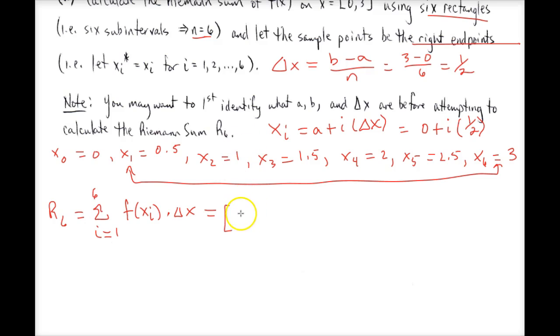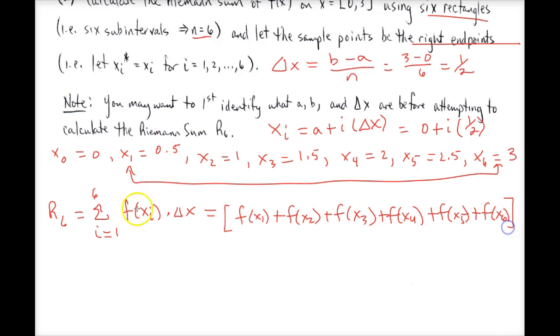So here we have f of x sub 1, f of x sub 2, f of x sub 3, f of x sub 4, f of x sub 5, and f of x sub 6. And of course, all of that would be multiplied by 1/2. Okay? So what I'll do is make a little room for that over here.